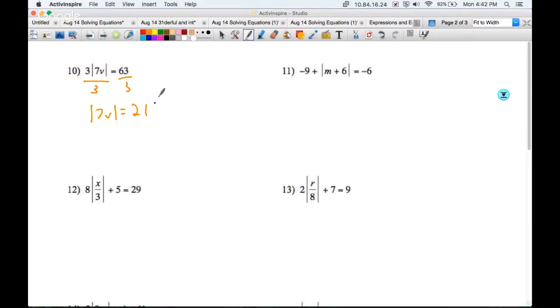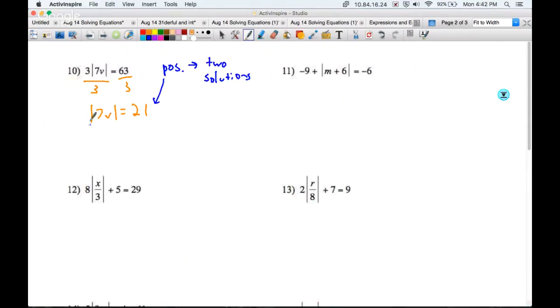Notice real quick, absolute value equals a number. That number is positive. Therefore, we know we're going to have two solutions. The other options are for that number to be negative, granting us 0 solutions, or if this number over here is 0, we'll have exactly one solution.